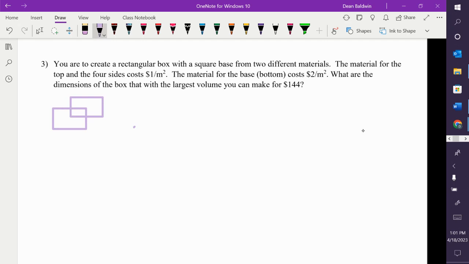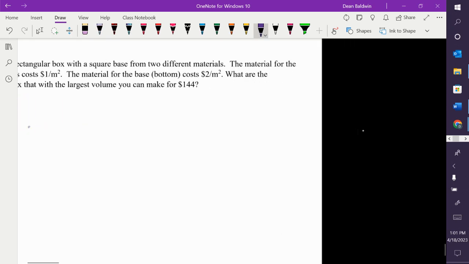That look the same? Good enough? Okay, so square base.